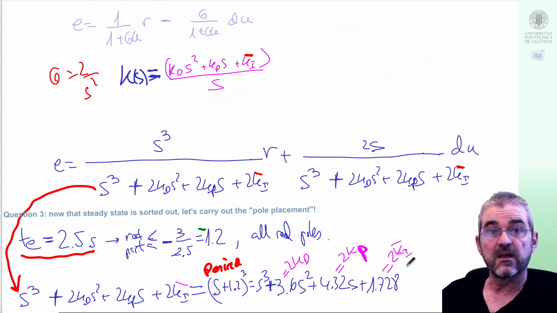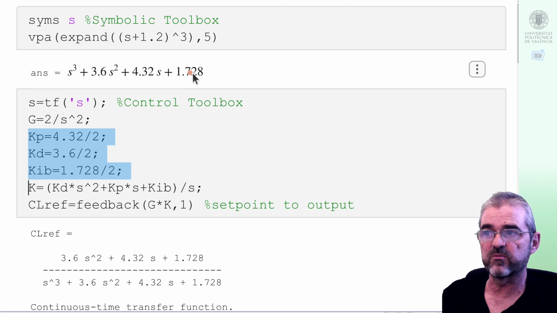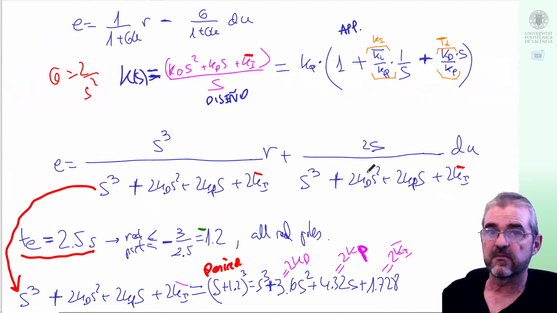finished. As we are now in Matlab, we will do some simulations to check that indeed the specifications are met. So if we go back to Matlab, I used the symbolic toolbox to compute the polynomial I wished, and then these coefficients divided by 2. 3.6 divided by 2 is the derivative gain, 4.32 divided by 2 is proportional, and 1.728 divided by 2 is k-integral bar, because in here this was k-integral bar, and I call this k-integral without bar, it's just notation.